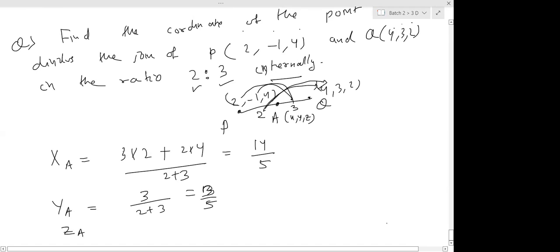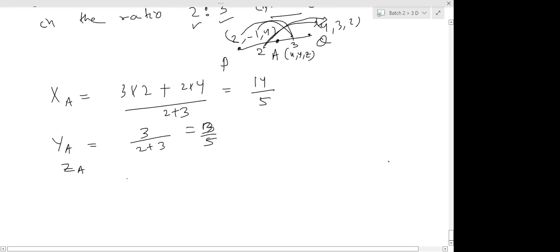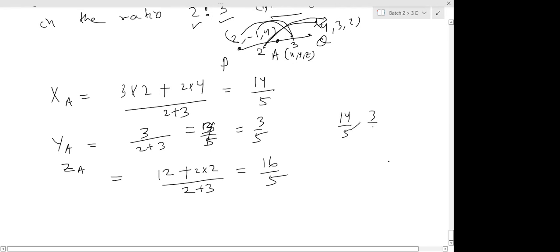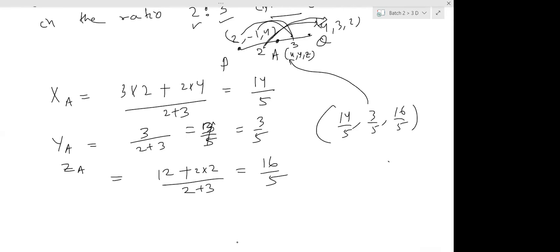Same about Z coordinate, 3 into 4, that is 12, plus 2 into 2 upon 2 plus 3. 12 plus 4 is 16 upon 5. So the coordinates are 14 upon 5, 3 upon 5, 16 upon 5. This is the point A. Is it clear, everyone?